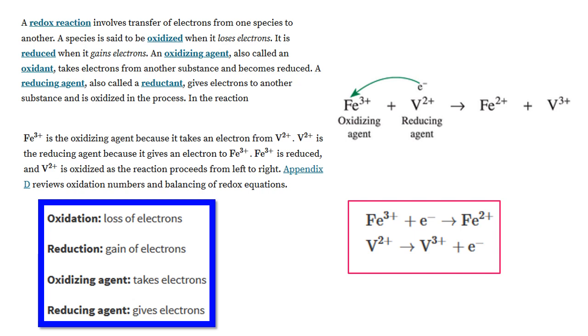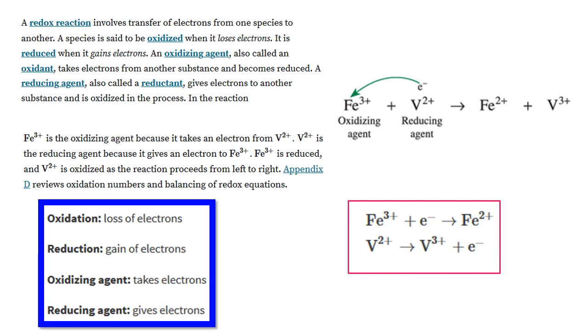In the reaction between Fe3+ and vanadium 2+ ions, making Fe2+ and vanadium 3+, Fe3+ is the oxidizing agent because it takes electrons from V2+. Vanadium 2+ is the reducing agent because it gives electrons to Fe3+.